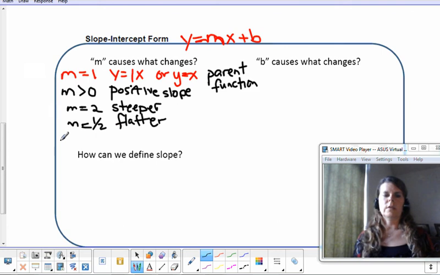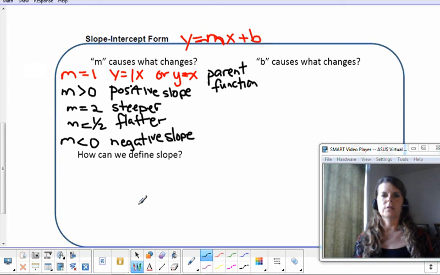Okay, and then what if our slope is negative? Then you have a negative slope. And one thing I didn't say back here is for a positive slope, it goes uphill from left to right. And for a negative slope, it goes downhill left to right. So you might want to write yourself a little note off to the side in the margin.